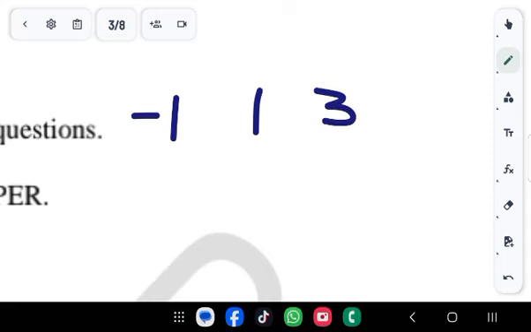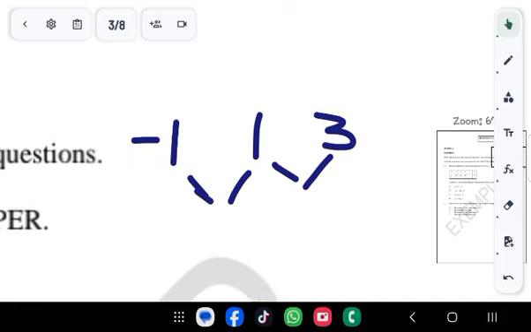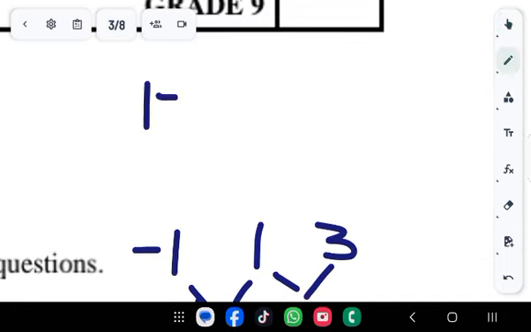Now let's first check if it's a linear pattern or an arithmetic pattern, like some say. How do we figure that one out? We find the constant difference between the term in front and the term behind it. So we go term that is in front minus the one that is behind it. So 1 minus -1.